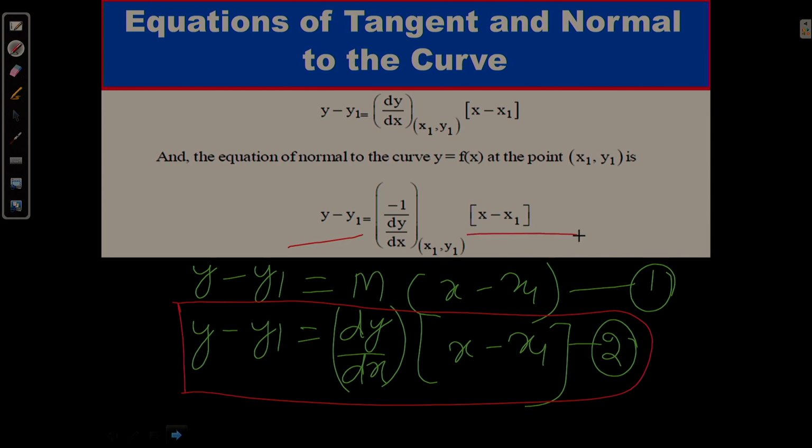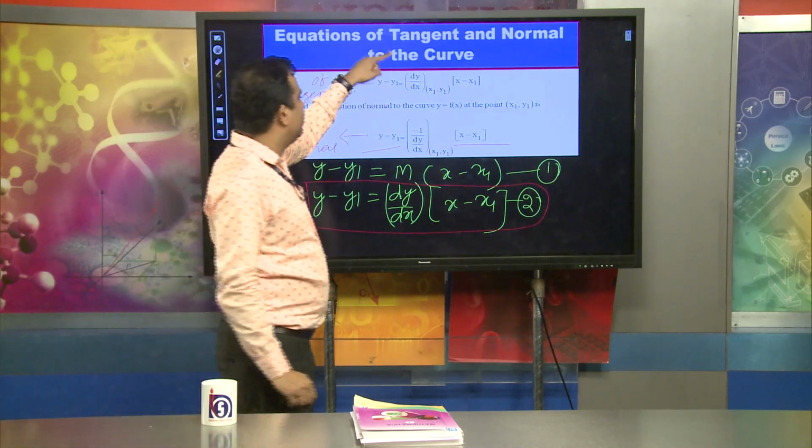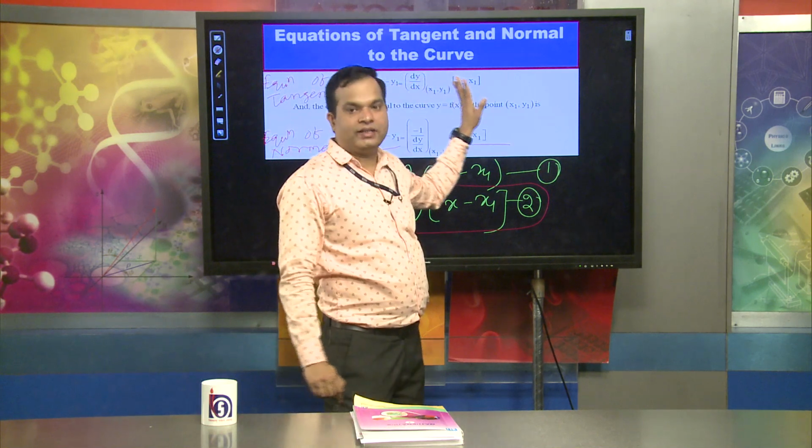This is the equation of the normal, and the earlier one is the equation of the tangent. So, these are the two important formulas. For the equation of the tangent, it is y minus y1 equal to dy by dx into x minus x1.